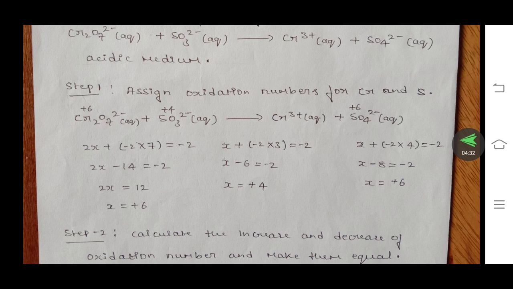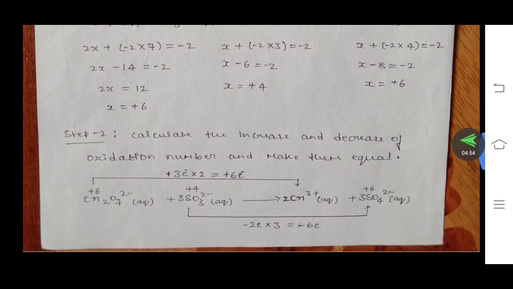Plus 4 is the oxidation number of sulfur in SO3 2 minus. Similarly for sulfur in SO4 2 minus, x plus minus 2 into 4 equal to minus 2. So x minus 8 equal to minus 2, x equal to plus 6.